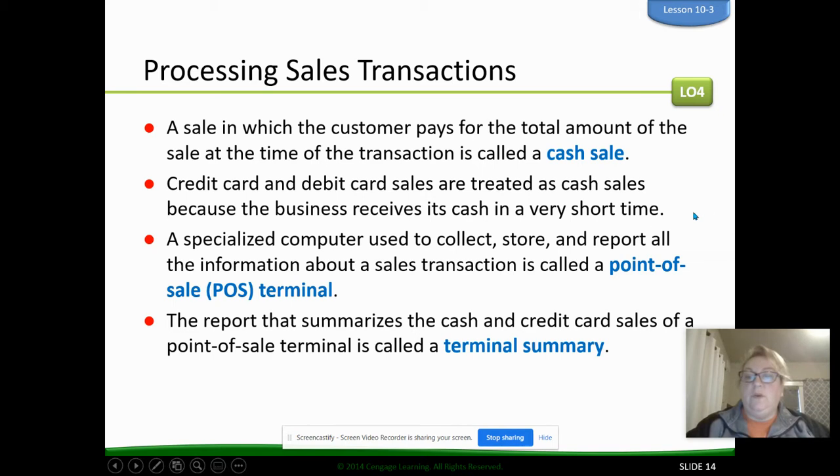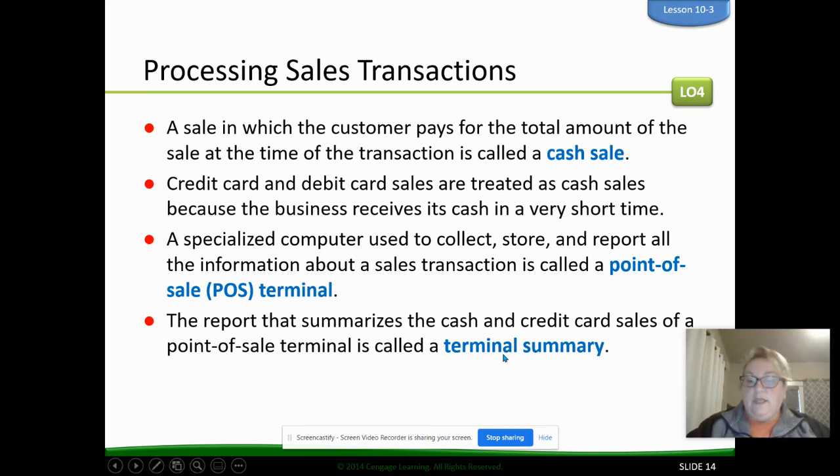And so those are what are called point of sales. So when you go check out, you're going through a point of sale terminal. And that's what is going to give you your individual receipt. Well, your individual receipt is given to you. There's another receipt that is created and kept inside the machine.